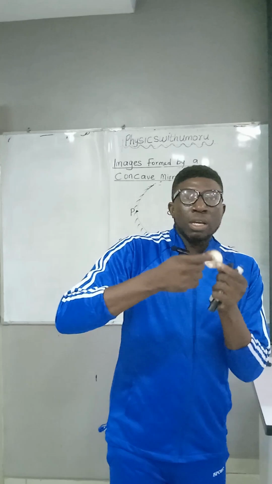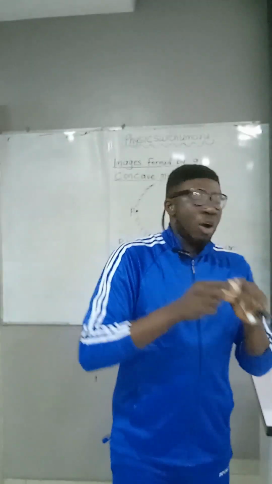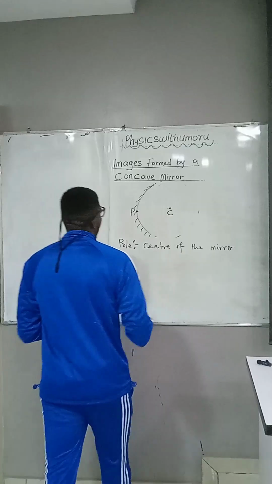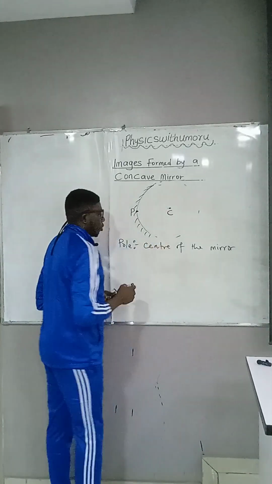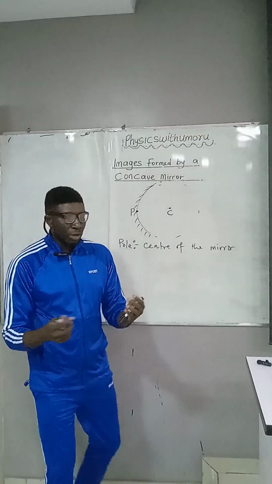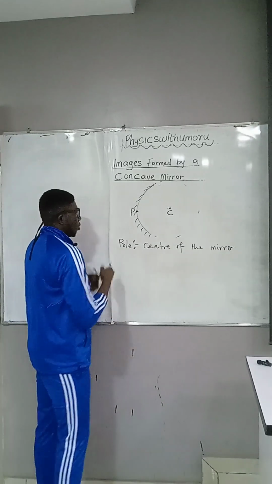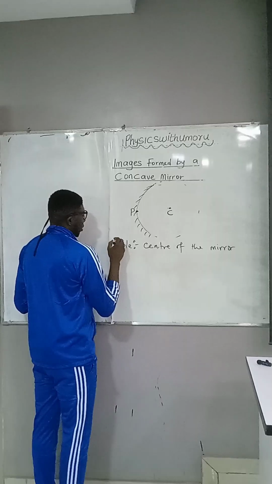The curvature. The center of this curved sphere is what we call the center of curvature. So this is the center of curvature, which is the center of the curved part of the mirror surface. That's the center of curvature. So let me use C.